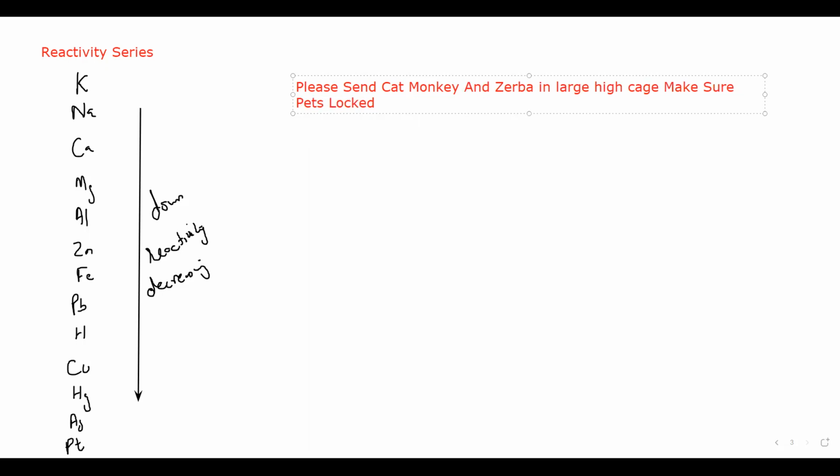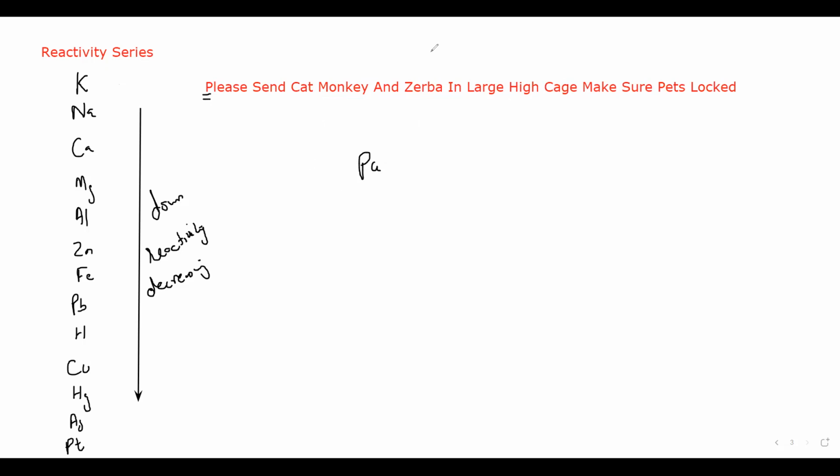The first letters are representing the names of the elements. So please send cat, monkey, and zebra in large high cage. Make sure pets locked. So P is representing what? Potassium. S is representing what?